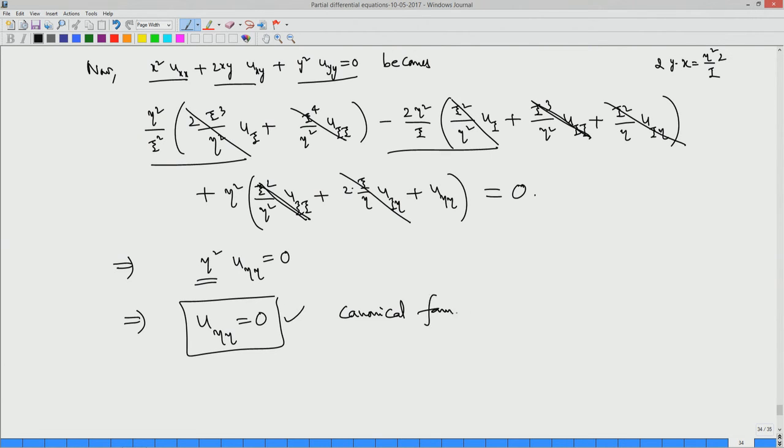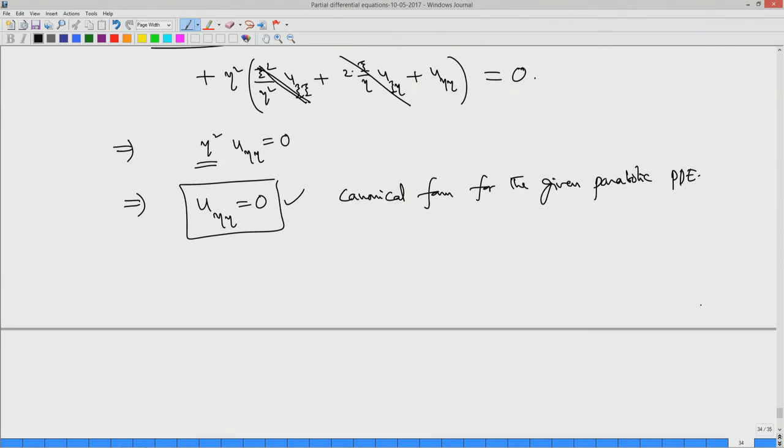Canonical form for the given parabolic PD, linear PD with variable coefficients. Now I can easily combine this. So u eta is a function of some C1 of xi. You differentiate with respect to eta, you get back this. Now you integrate one more time.